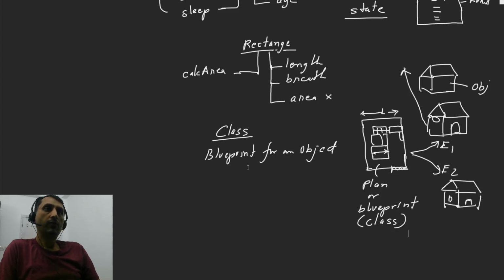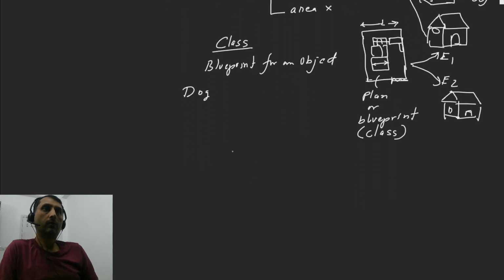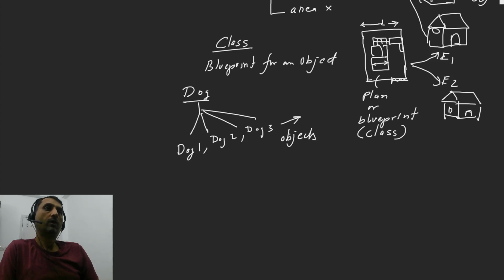If you have a class called, say, dog, then similarly, like houses, you can have multiple objects created, multiple objects that are based on a single class called dog.